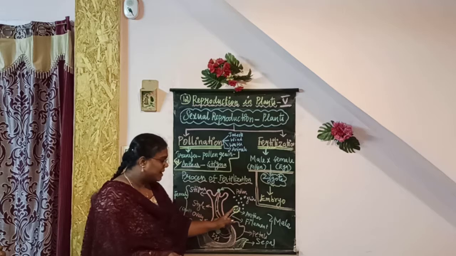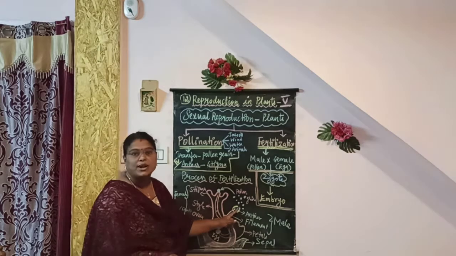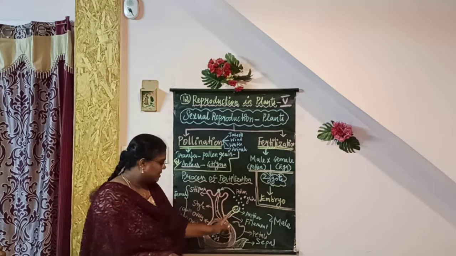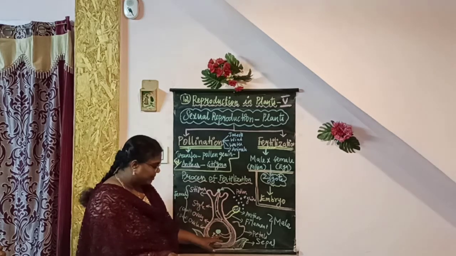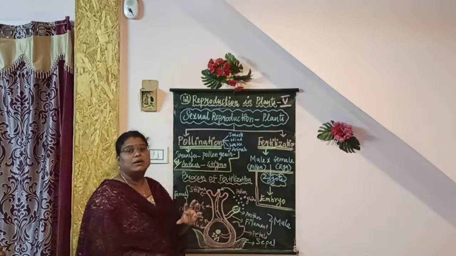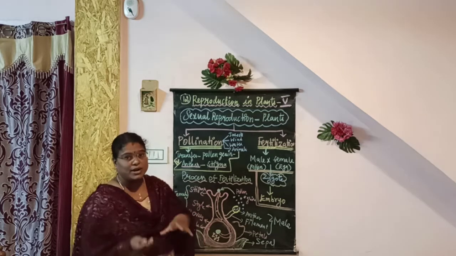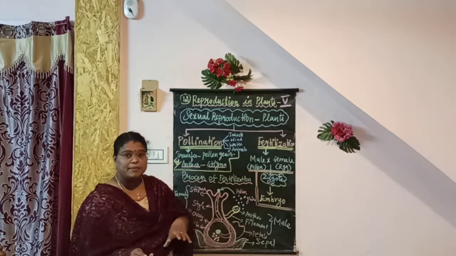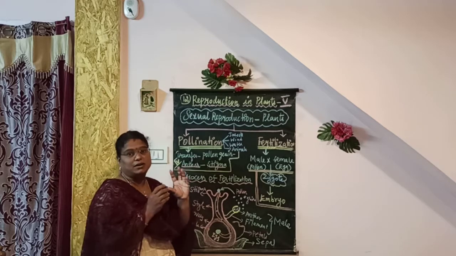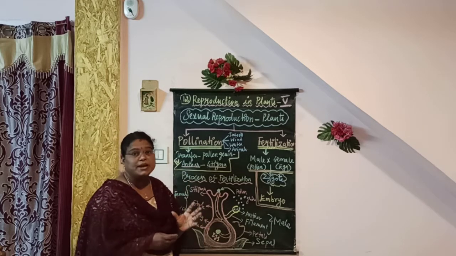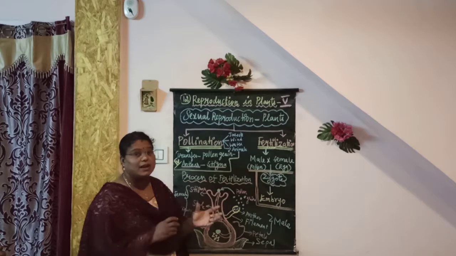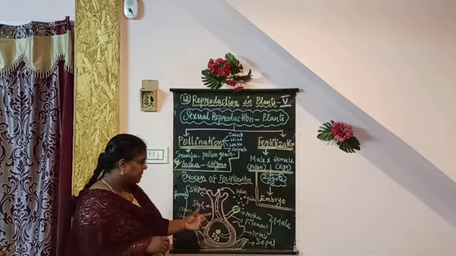And anther, this bag-like structure, consists of pollen grains, that is male gamete. Pistil consists of female gamete. Now by the process of pollination, the pollen grains, the male reproductive gamete, fuse with the female reproductive gamete. See, we will see how it is taking place.